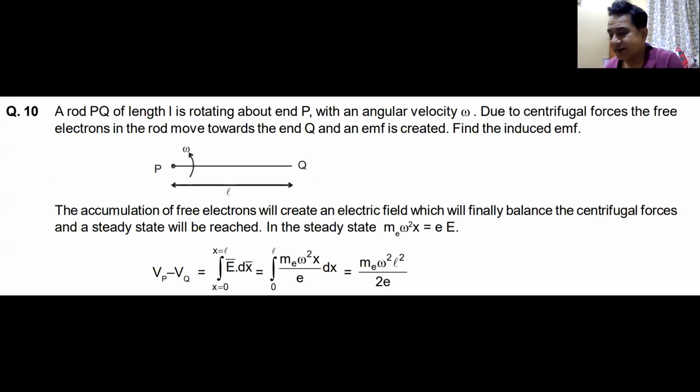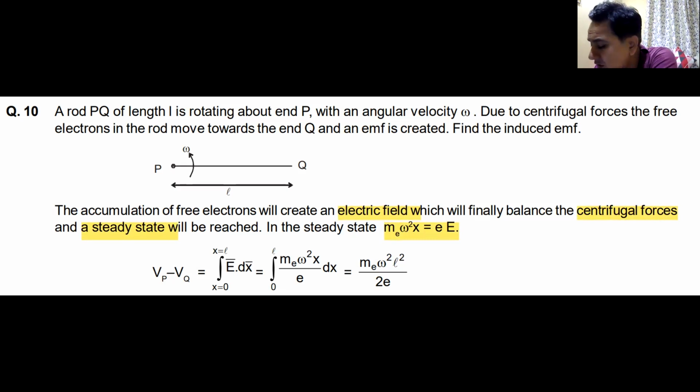See, it's very simple. Because of this accumulation of electrons, they will create an electric field. Because of this electric field, the electrons will experience electrostatic force. And when a steady state is reached, this electrostatic force must balance the centrifugal force, otherwise the electrons will keep on moving.